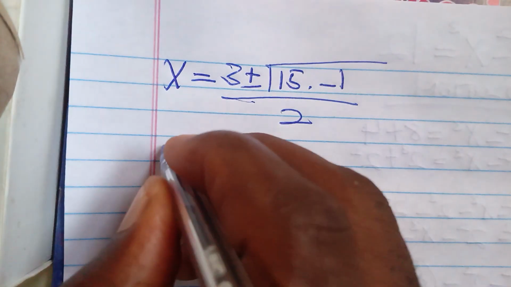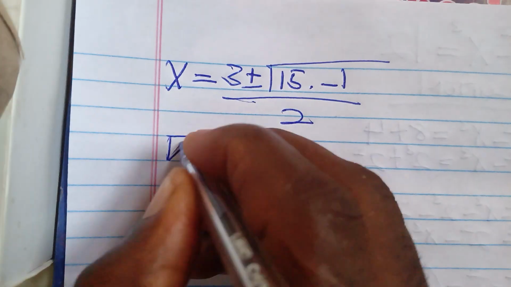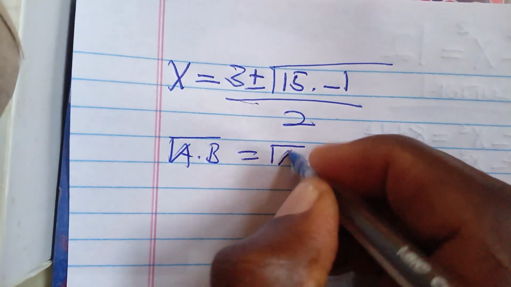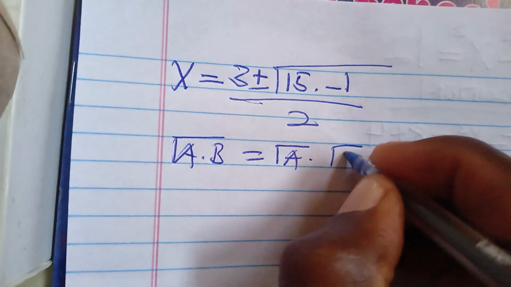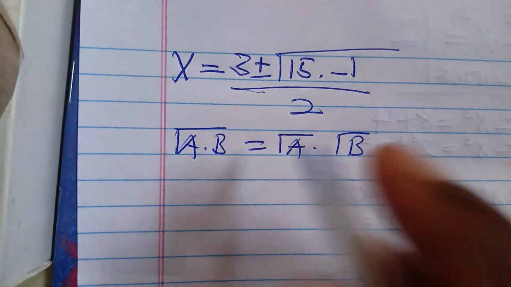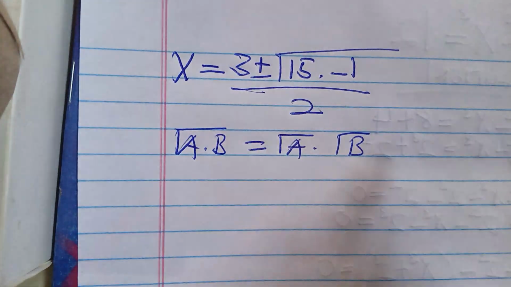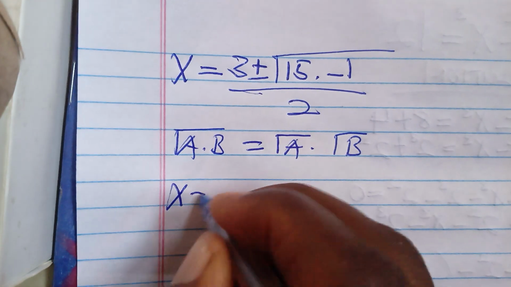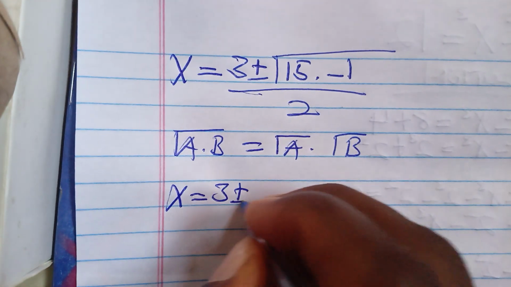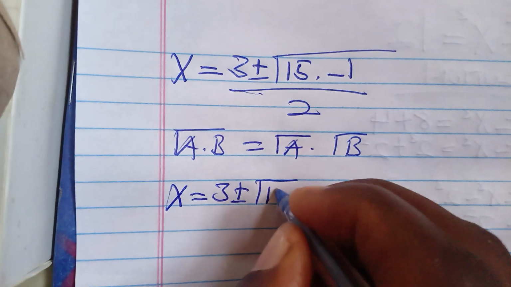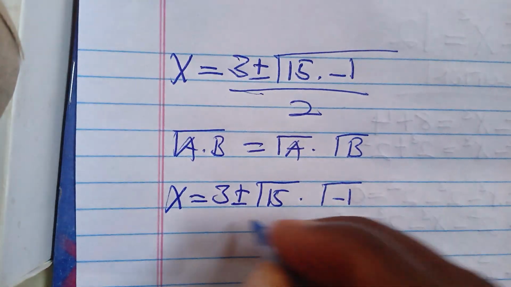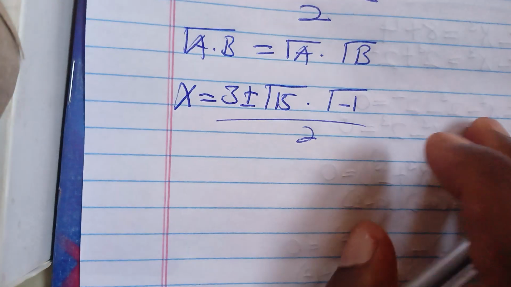Now, we know that if you have the square root of a times b, this produces the square root of a times the square root of b. Now, let's apply this concept to the equation. So we are going to have x equals 3 plus or minus the square root of 15 times the square root of minus 1 all over 2.